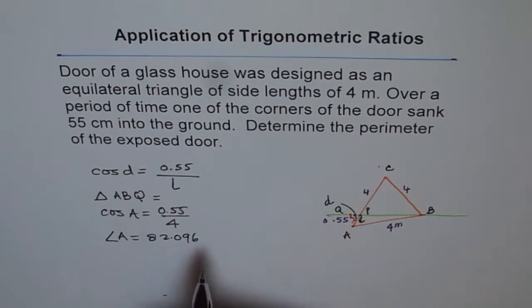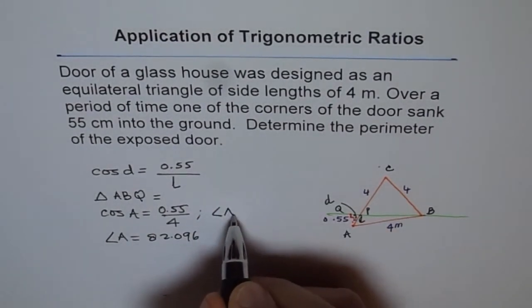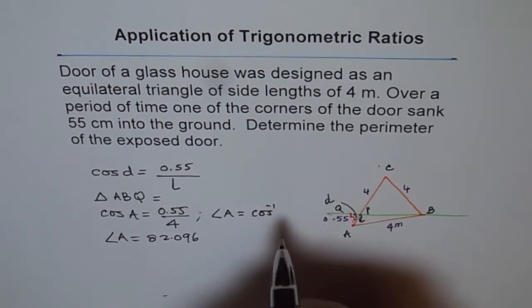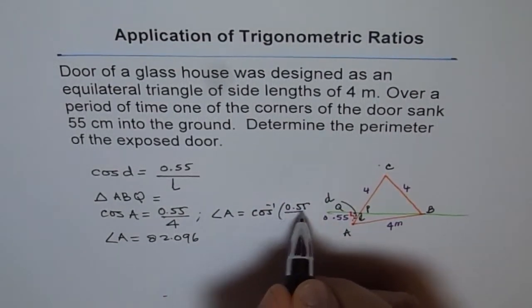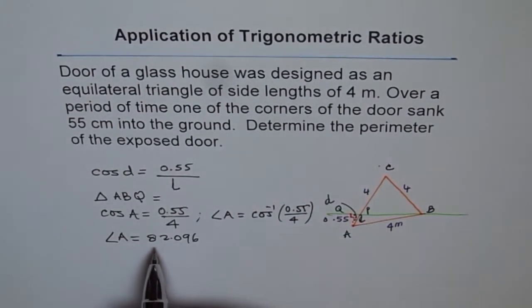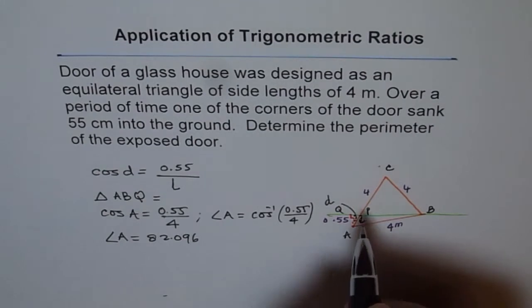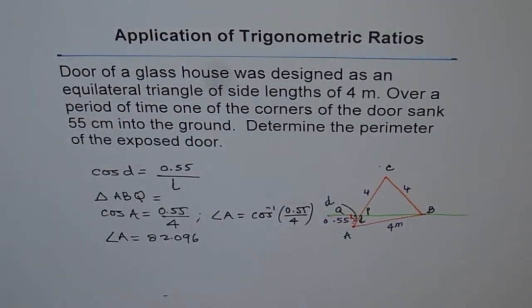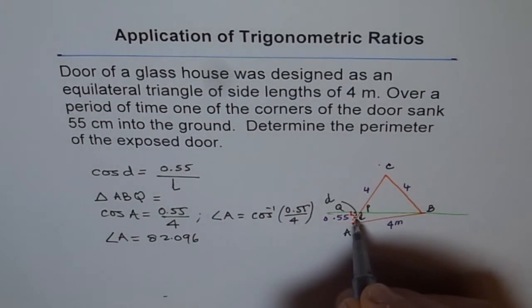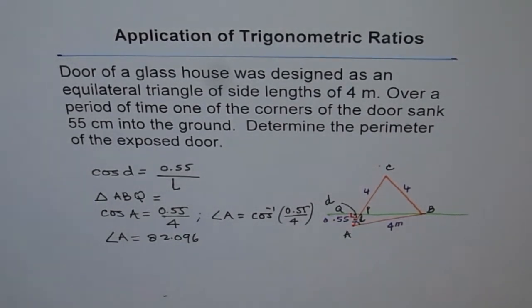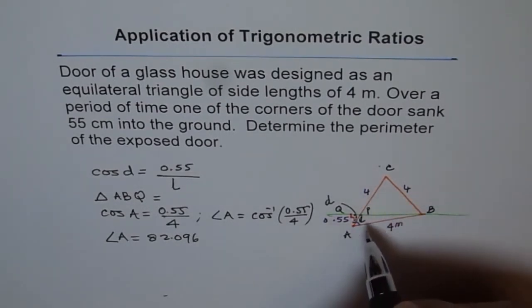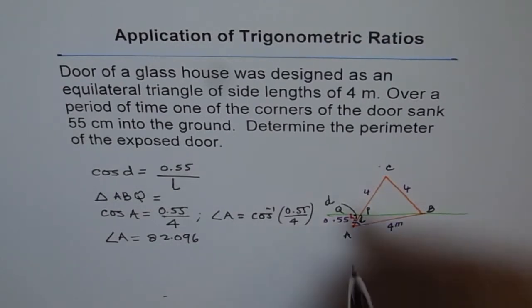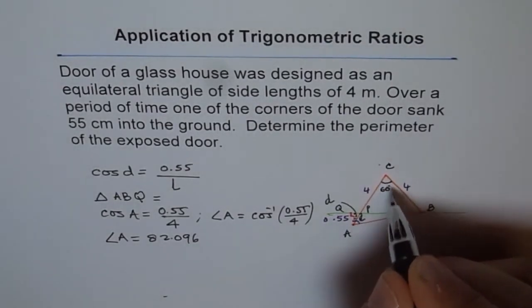So angle A is cos inverse of 0.55 over 4, which gives 82.096. This is actually the whole angle from here to here. Now we know this is an equilateral triangle, so all the angles inside the triangle are 60 degrees.